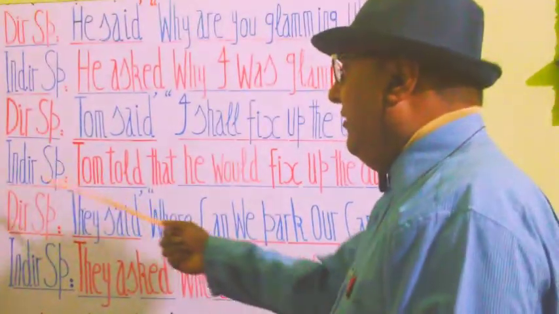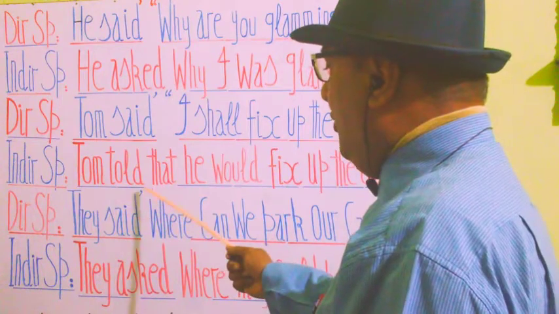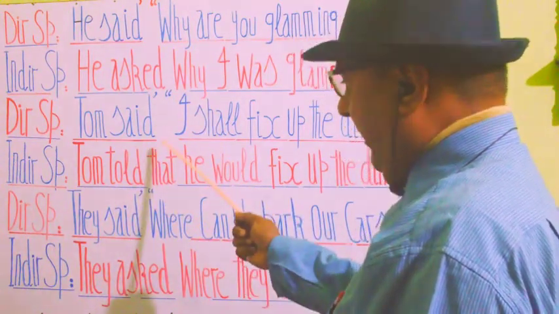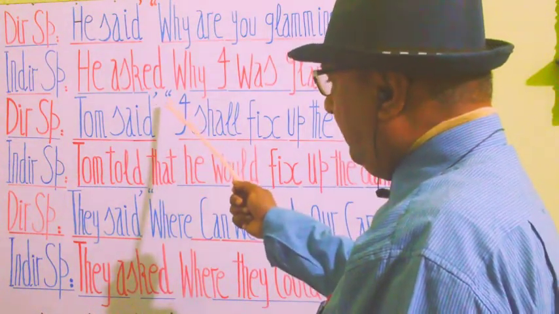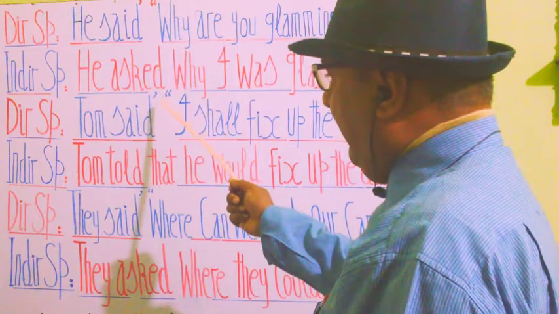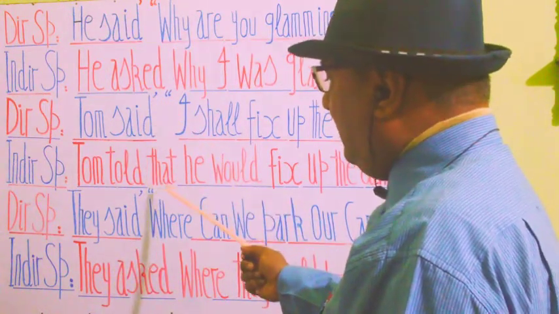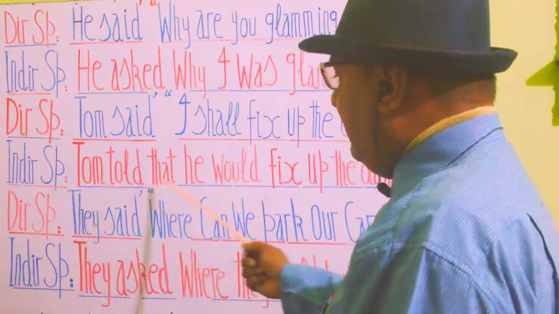Here we see indirect speech. Tom told. Now we approach the commas. In affirmative statements, by rules, commas are removed, and we put that instead of commas. So we write here: Tom told that.